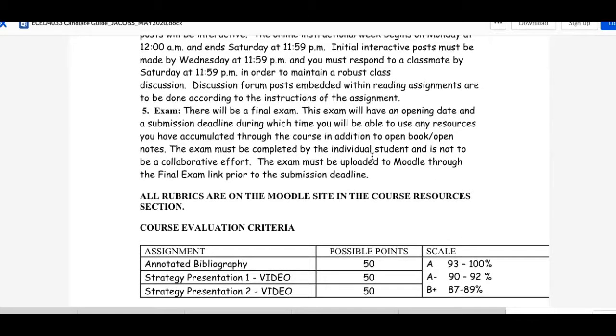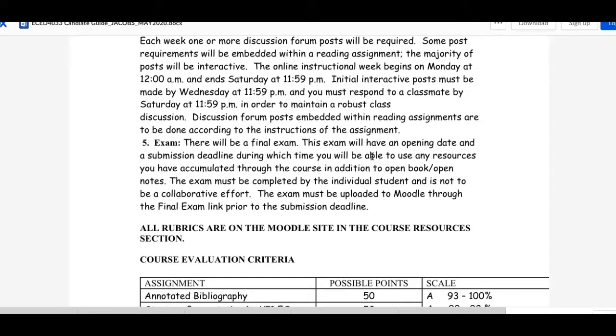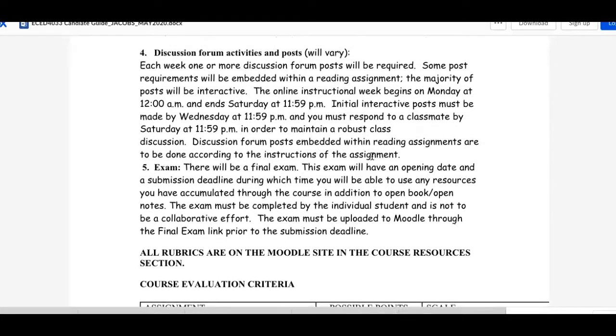So your initial post is due on Wednesday by 11:59 and your response by Saturday at 11:59. Please look at the rubric for discussion forums. Keep it with you when you're writing them so that you're writing in a scholarly voice and to make sure that you're following the word guidelines and so on.